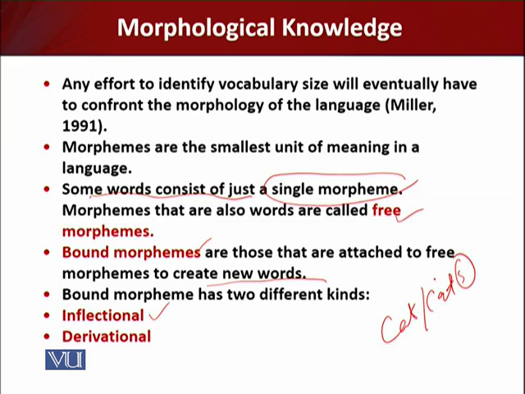In contrast, derivational morphemes are involved when bound morphemes added to a free morpheme create a new word. For example, n-e-s-s, ness: the word good, and then you have goodness.